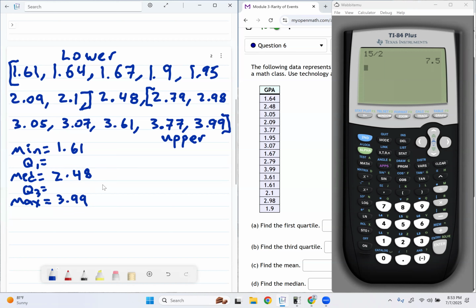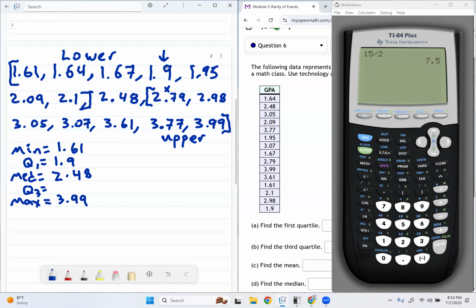To find Q1, I want to find the median of the lower half. I have 7 numbers here, so I'm going to go 1, 2, 3, 4. 1, 2, 3, 4. My middle number is 1.9. So my Q1 is 1.9. Sometimes what I like to do is X's or little check marks.